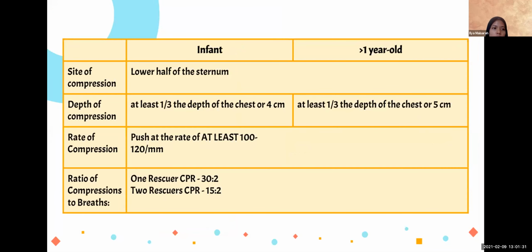So this summarizes what I have shown in the steps before. For the ratio of compression to breaths, for one rescuer, you can use the ratio 30 to 2. If there is another rescuer available, you can use 15 to 2 ratio.